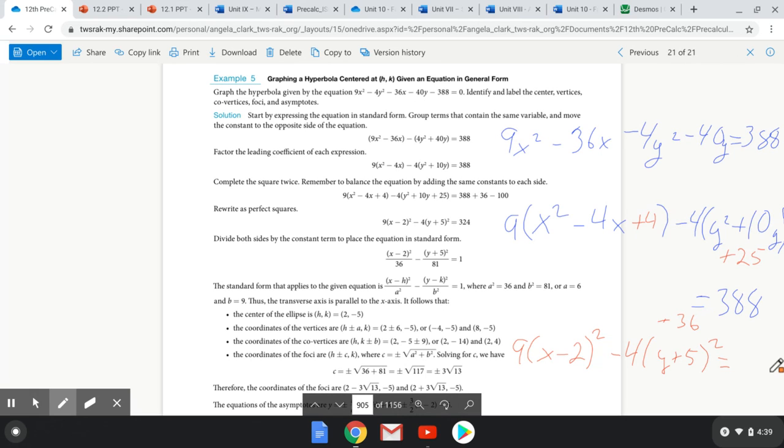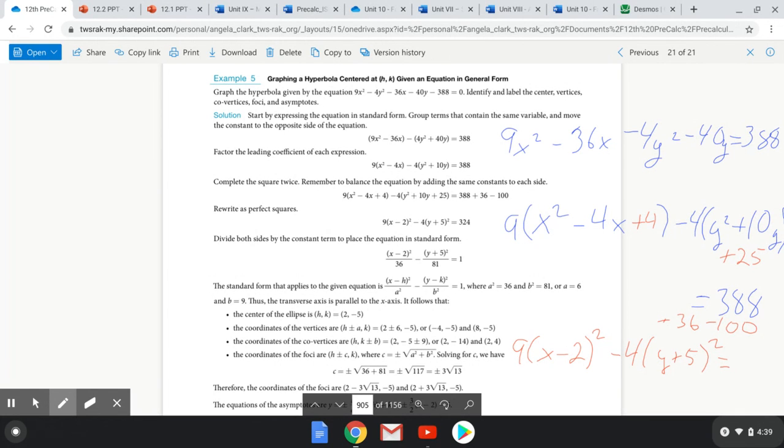But now what I'm really adding is 25 times negative 4. So I'm really subtracting 100 on this side. So pay attention to your signs. I'm really subtracting 100 because I'm multiplying by a negative here. So if I'm subtracting 100 on this side of the equation, I need to subtract 100 on this side of the equation.